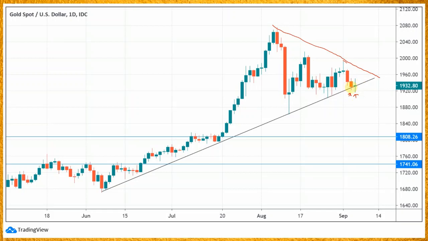The other thing is that we still haven't closed below this area here. And you can see that we've got this dead straight line here. There are a couple of possibilities.